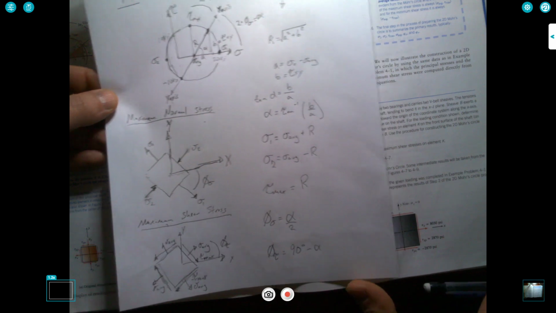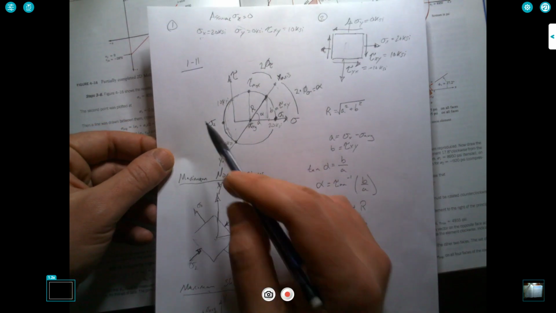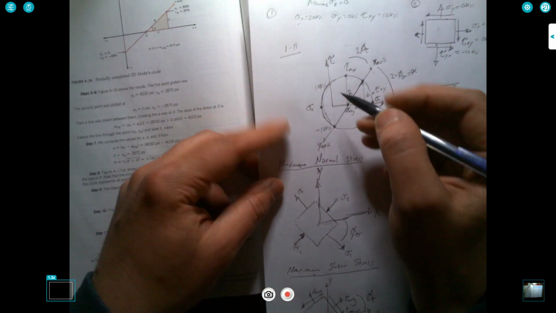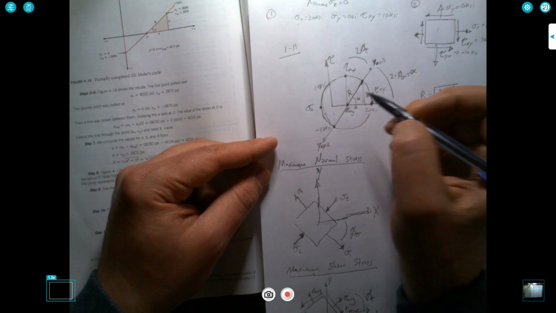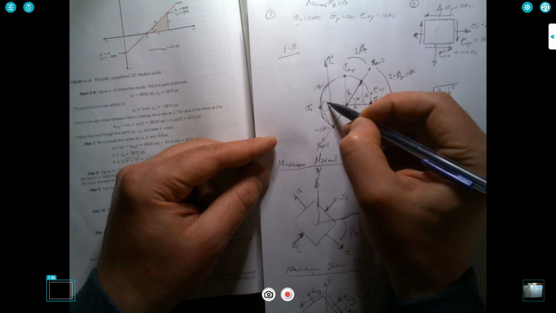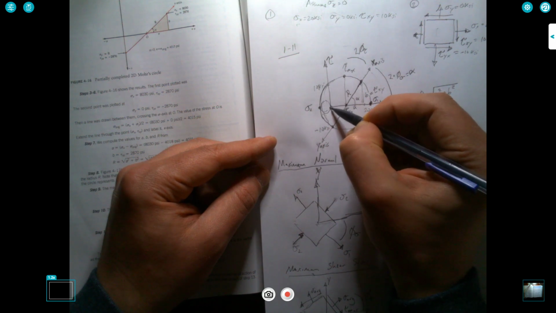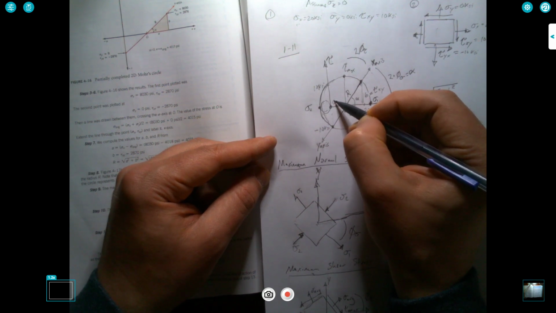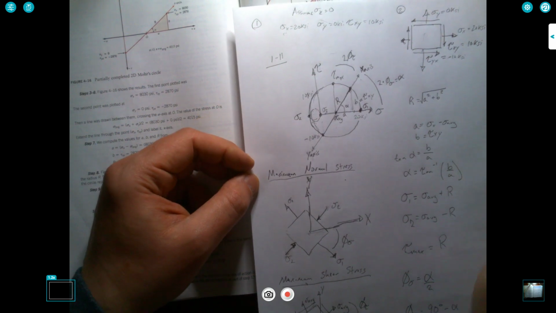The second one, again, deals a little bit with that third principal stress. And in this case, for this problem, it was 0. A lot of times you'll see another circle they'll put in, because really that 0 point, sigma 3, is in between our minimum and maximum.